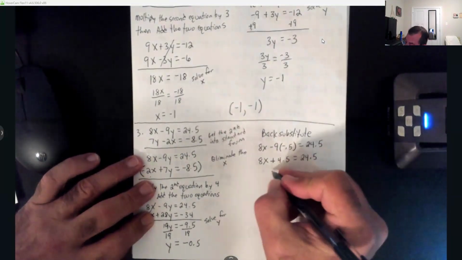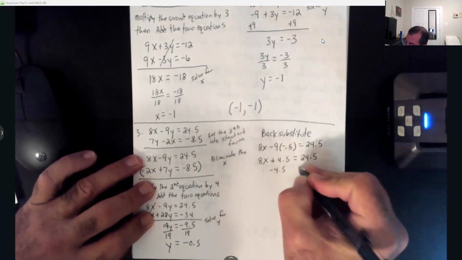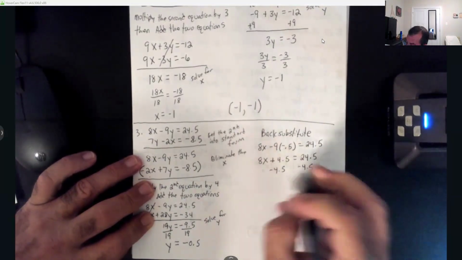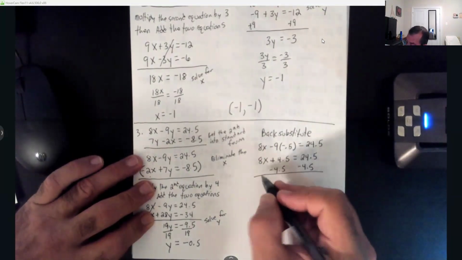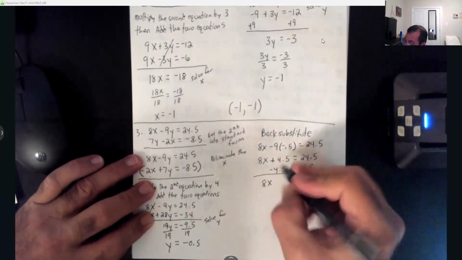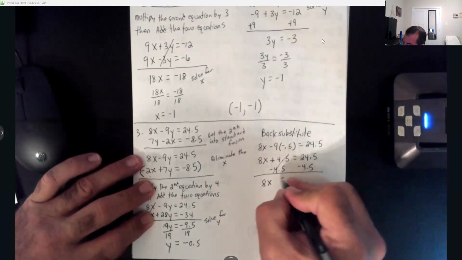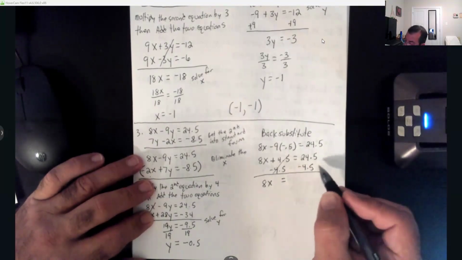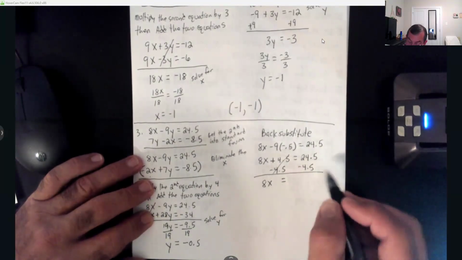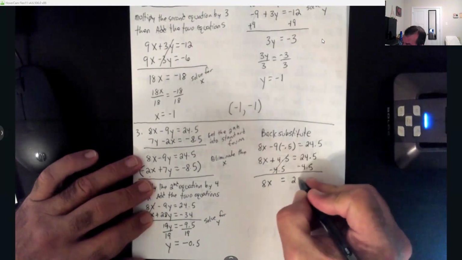So let's subtract that 4.5. So y'all, the 8x comes down. The 4.5 cancels on the left side. So let's see, 24.5 minus 4.5 left me with 20.